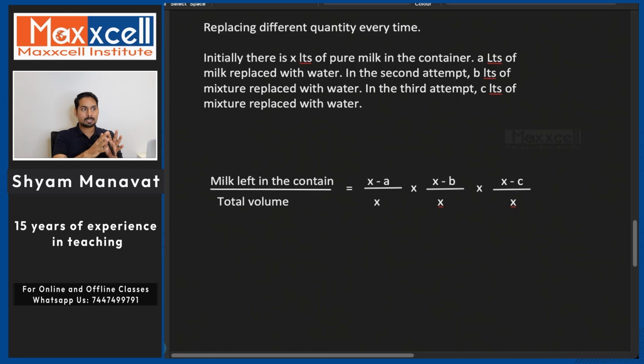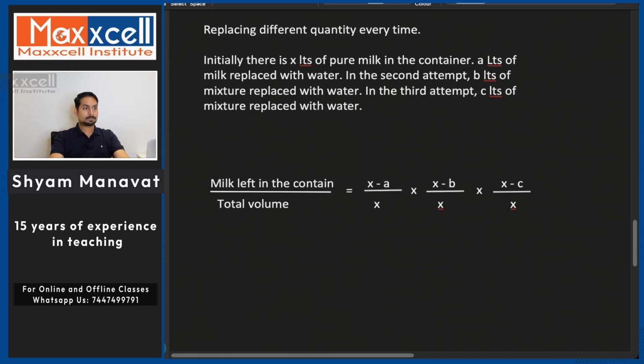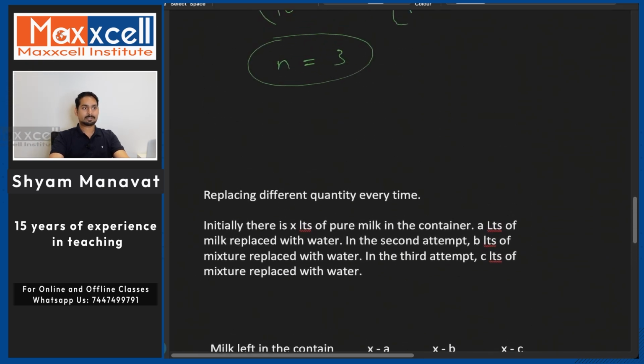I have taken 3 repetitions here. It may be 2 or 4 or 5 or n number of repetitions. So you need to understand the concept. Every time we were replacing A out of X, because when you replace, the total quantity again becomes X. Initially, if you have X liters and you are replacing A, that means you are removing A and adding A again.